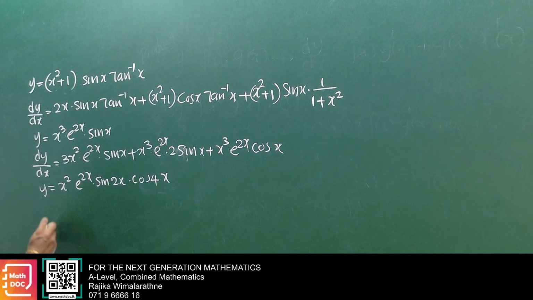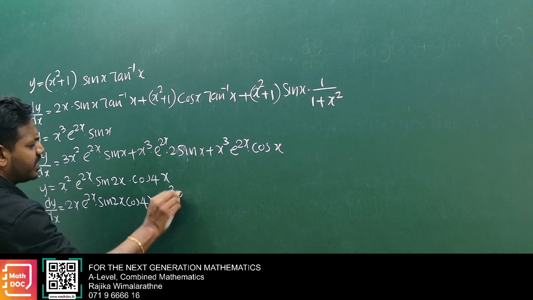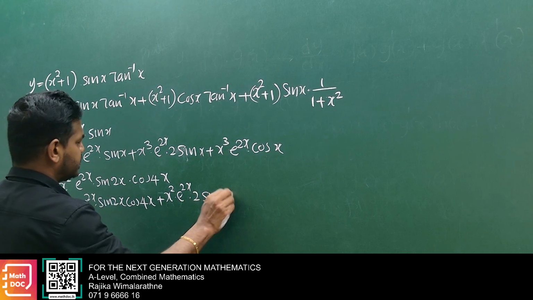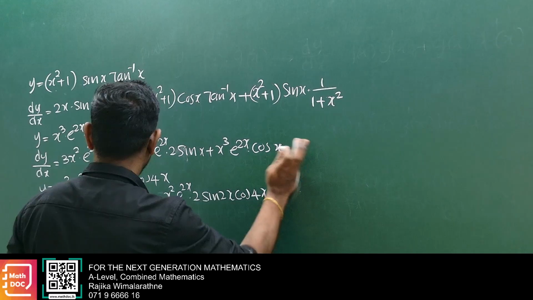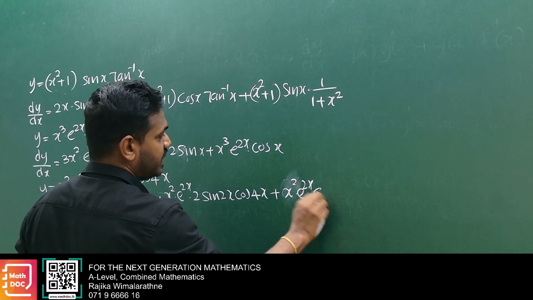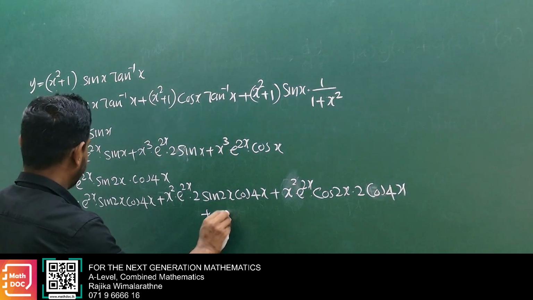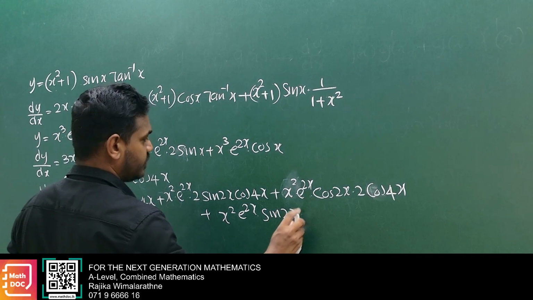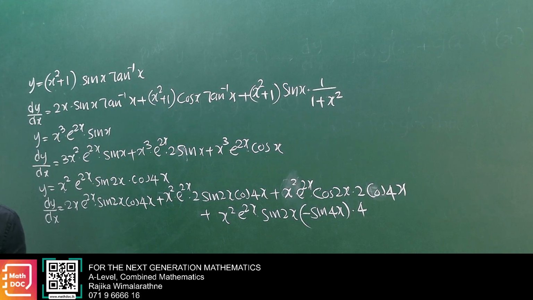You follow the previous technique, dy by dx: derivative 2x e to the power 2x sin 2x cos 4x, plus x squared e to the power 2x times 2 sin 2x cos 4x, plus x squared e to the power 2x sin derivative cos 2 into cos 4x, finally x squared e to the power 2x sin 2x cos 4x derivative, minus sin 4x times 4. Continue.